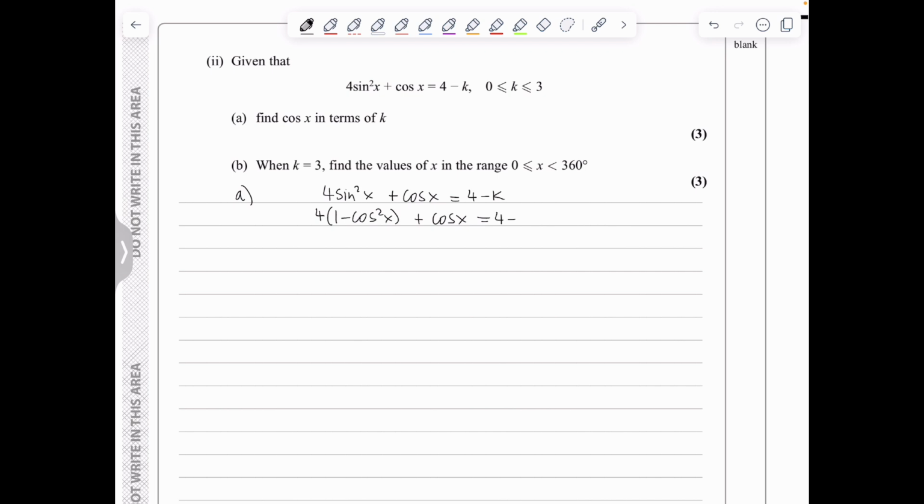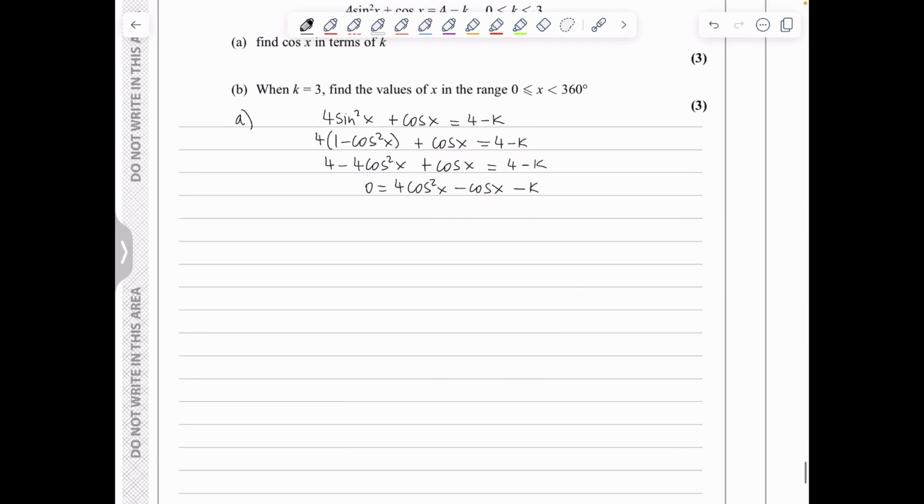So let me expand to get 4 minus 4 cos squared x plus cos x is equal to 4 minus k. Collecting everything on the right hand side will give me that 0 is equal to 4 cos squared x minus cos x minus k, and therefore I can proceed with the quadratic formula on cos x.